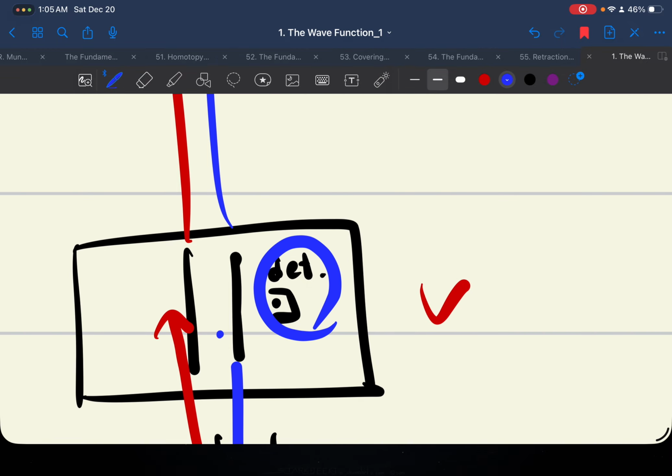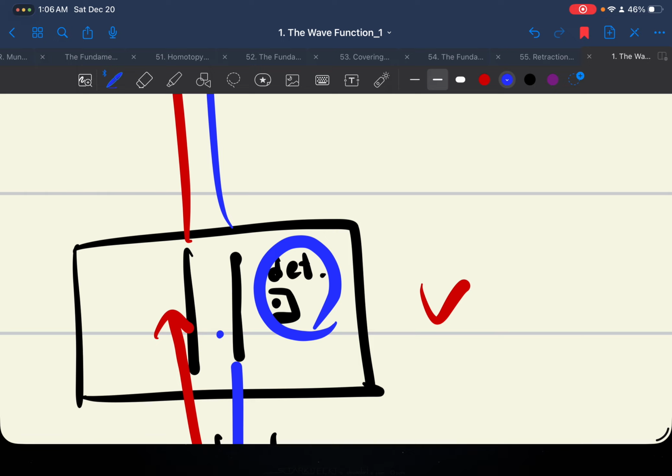If we put a detector on it and detect whether the electron goes through this slit or the other slit, then we have measured it. It means that we measured it.